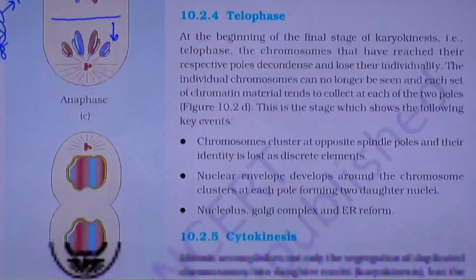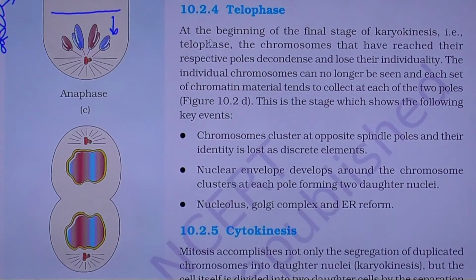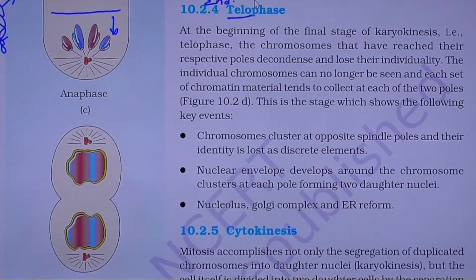Then telophase. Telo means end. So telophase is nothing but the opposite of the prophase. What are all the things we have studied in the prophase? The chromosomes will be condensed, and then the Golgi complex, endoplasmic reticulum and what other things?